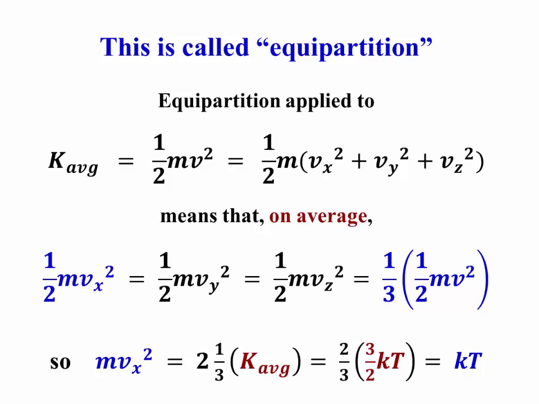And that is 1/3 of the average kinetic energy. So if we look at the blue part and just multiply through by 2, we see that mvx squared is 2/3 of the average kinetic energy. But that's 3/2 kT. So when we multiply 2/3 times 3/2, we get just kT.